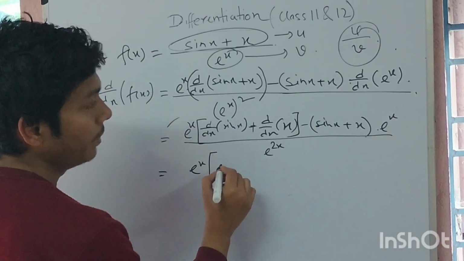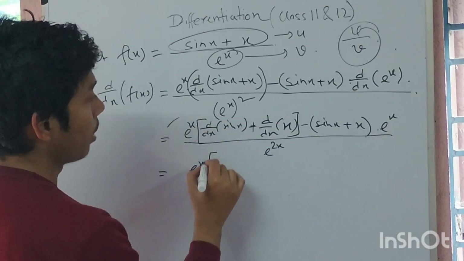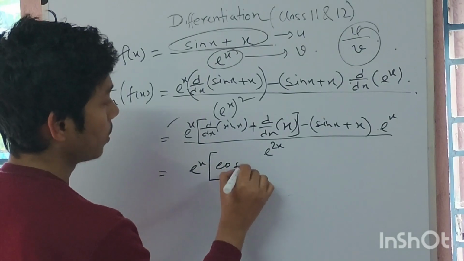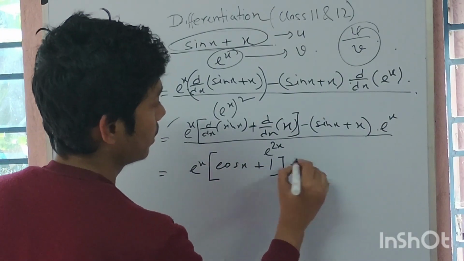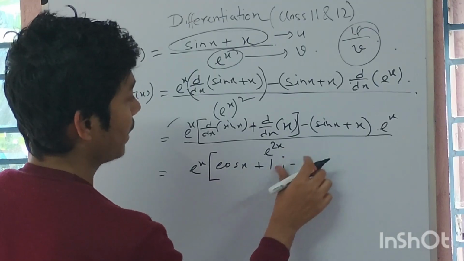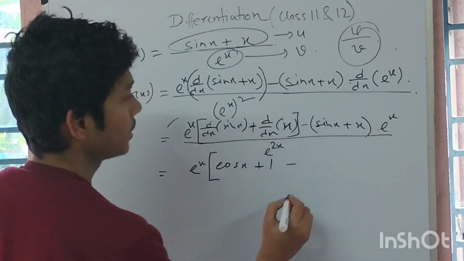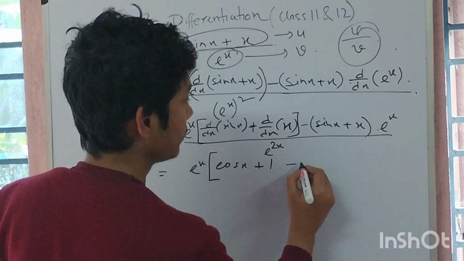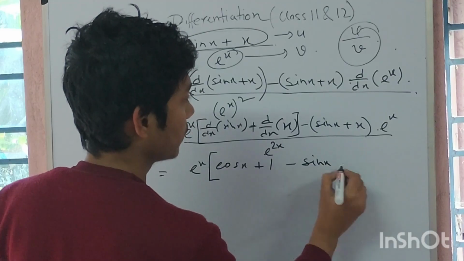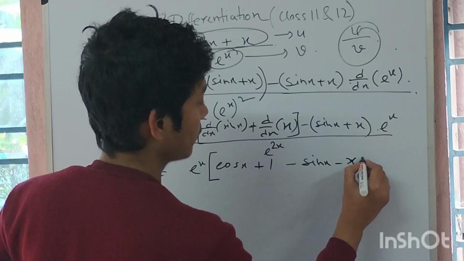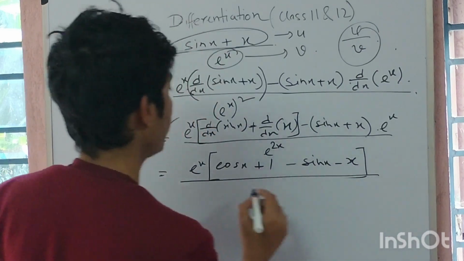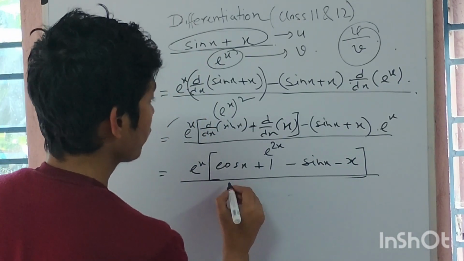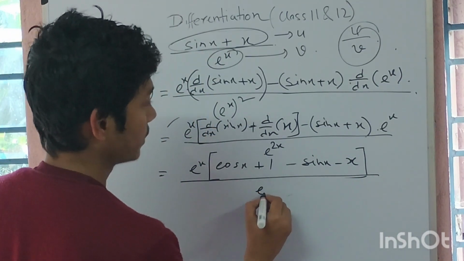So it will be now e to the power x common, d by dx of sin x is cos x plus this is 1. Okay. Minus, I am taking minus in the same bracket, minus (sin x plus x), by e to the power 2x.